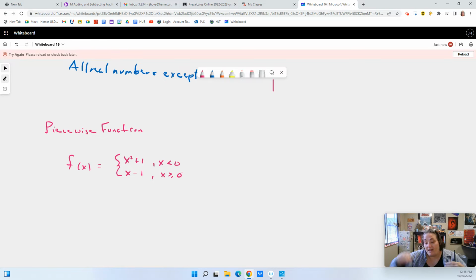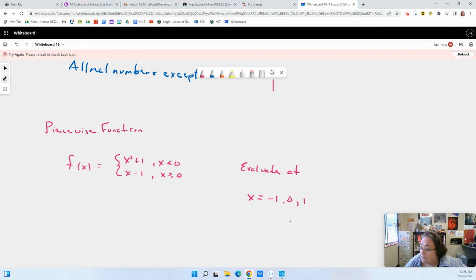It just means if I have a value of x, I want to know what happens when x is that number. So say I have to evaluate it at x equals -1, x equals 0, and x equals 1.